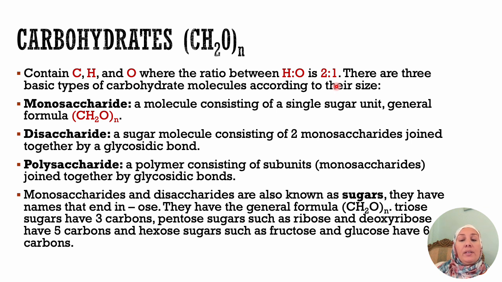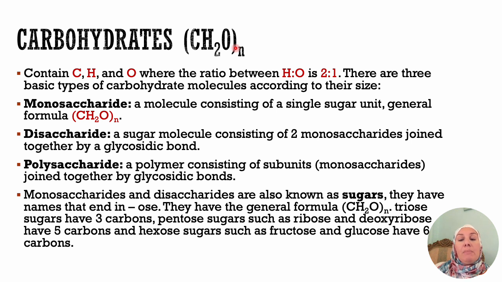In any carbohydrate, the ratio is always 2 hydrogens to each oxygen. So let's give an example. Maybe you have come across a glucose molecule where there are 6 carbons, 12 hydrogens, and 6 oxygens. So 12 and 6, double that of oxygen.